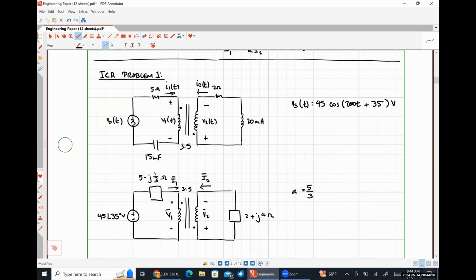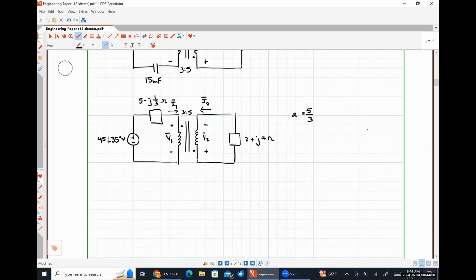So what would happen if we reflected that 2 plus j4 ohm impedance over to the primary side? If we reflected that impedance over, what we would wind up having is 45 angle 35 degrees volts.